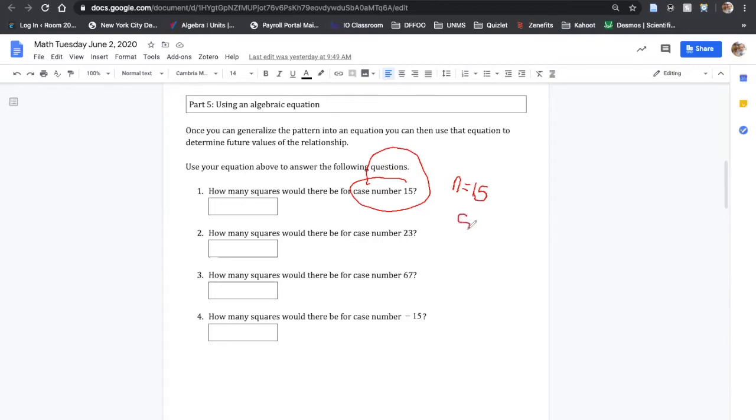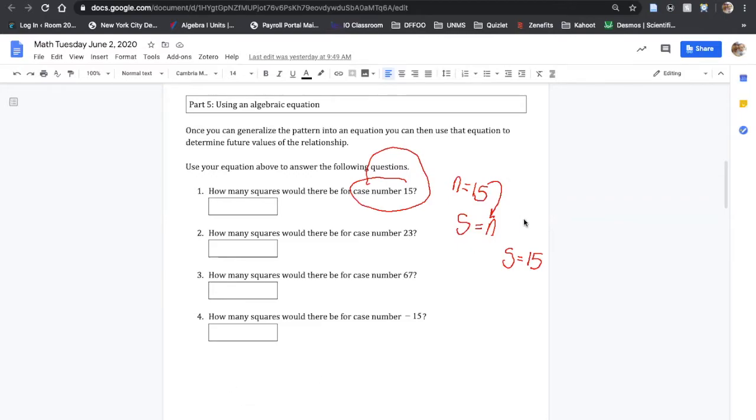I know that the number of squares is equal to N, and then I would substitute this value of 15 in for N, so that tells us that the number of squares that I must have is equal to 15. Again, this case is pretty simple, but just an example, right? Just so you guys can get the idea.